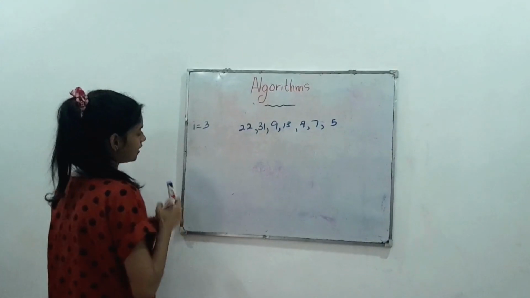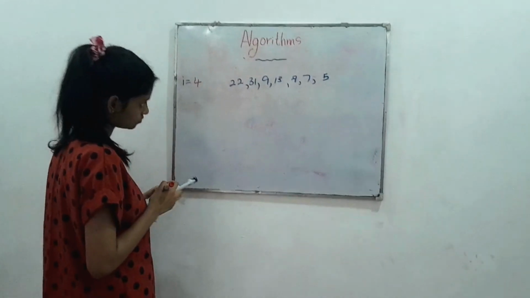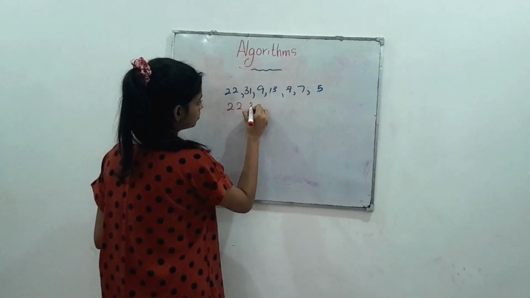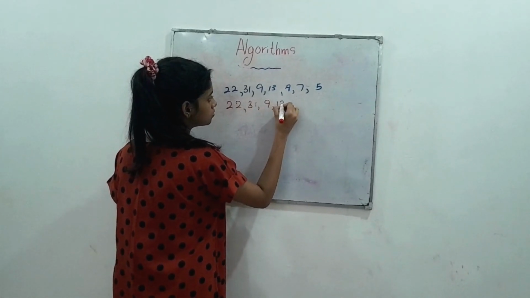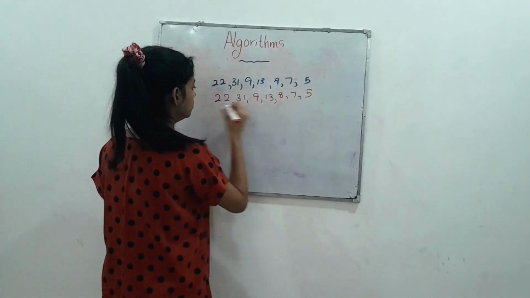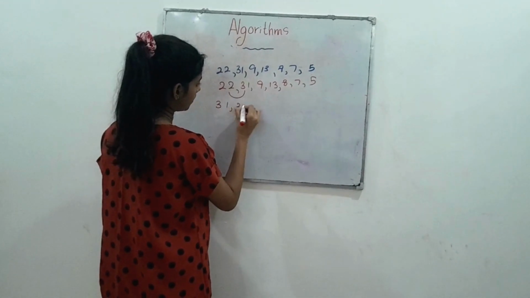Okay, now the i value is 4. This swapping.